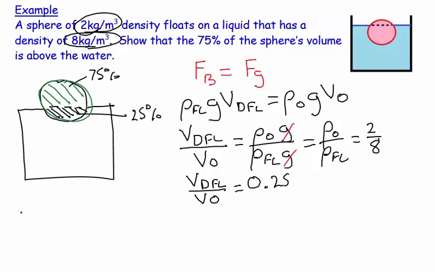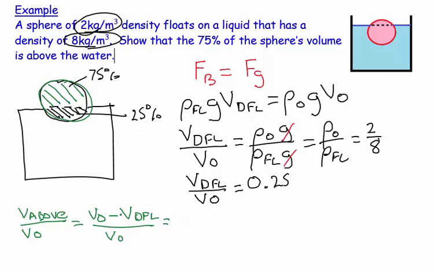I say the volume above over the volume of the object is equal to the volume of the object minus the volume of the displaced fluid, that's the volume above, divided by the volume of the object.